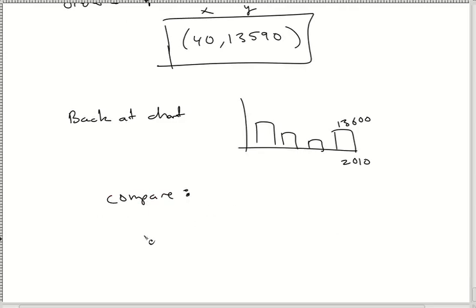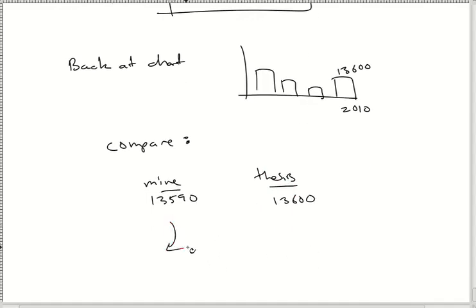Well, notice that mine was 13590. Theirs is 13600. And so mine is 10 less, and I would say underestimated. So it's going to say underestimate by 10. These are your answers.